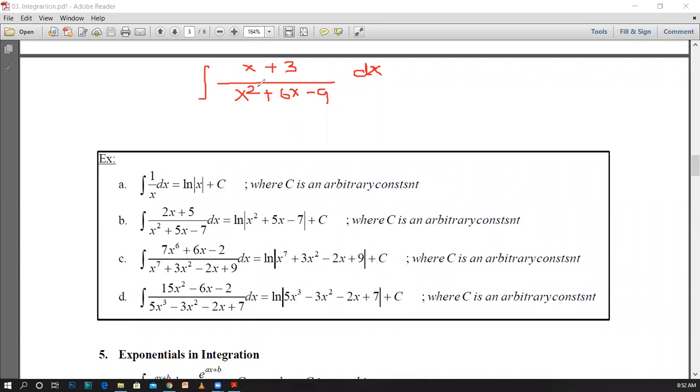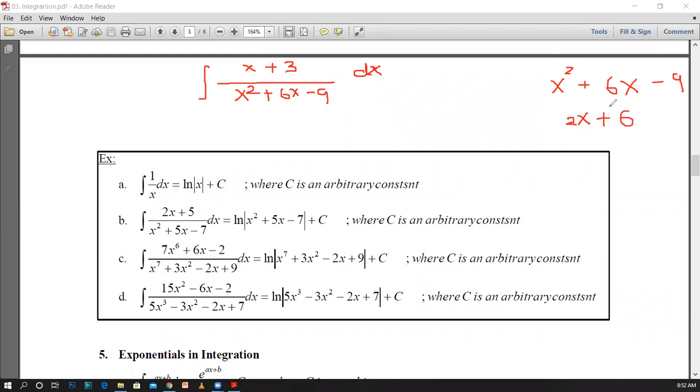And according to the theories we have discussed so far, we check whether the function in the numerator is exactly the derivative of the quantity in the denominator. Now we will consider the quantity in the denominator first. It is x squared plus 6x minus 9. If you take the derivative of this function with respect to x, you will get 2x plus 6.